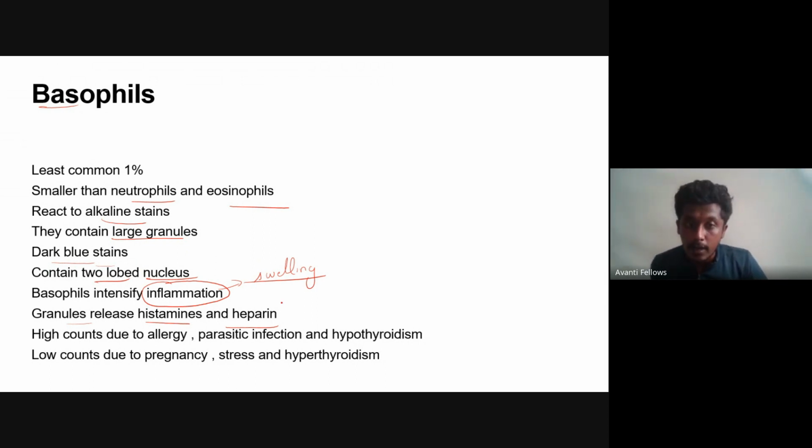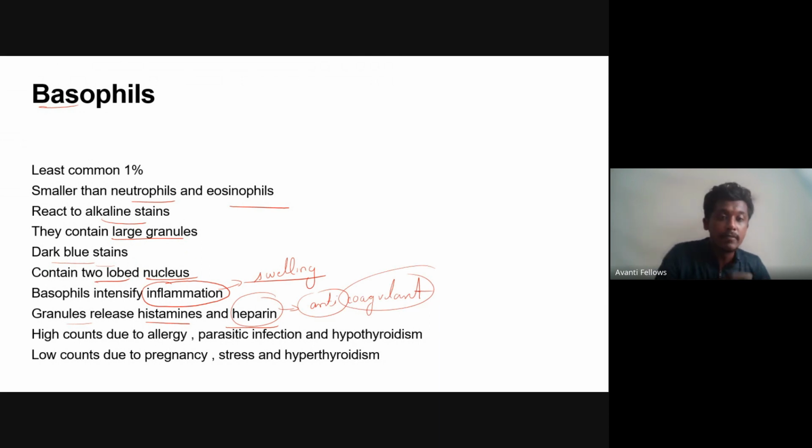And heparin, what is heparin? It is an anticoagulant. Anti means no, coagulation means clotting, so they prevent clotting of blood. So heparin and histamines are released by basophils. Now, when can you see more basophils?